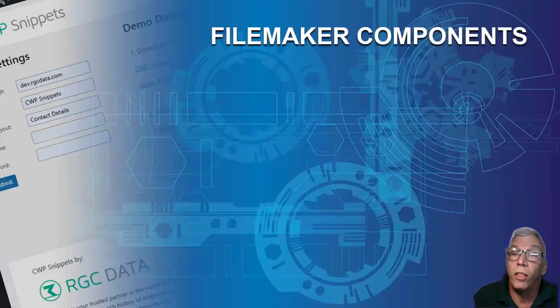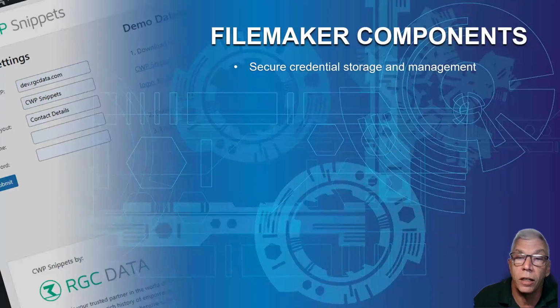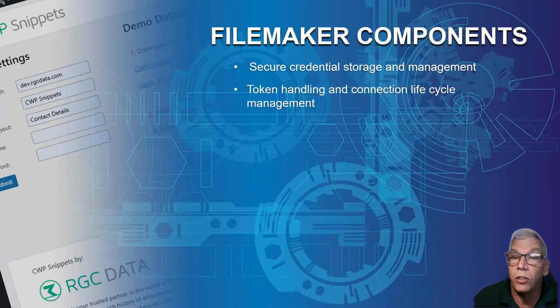So what are the FileMaker components? Well, the plugin has built-in functionality for secure credential storage and management. So you can put in your username and password and store it within the WordPress settings. And then it manages the tokens and the connection lifecycle.